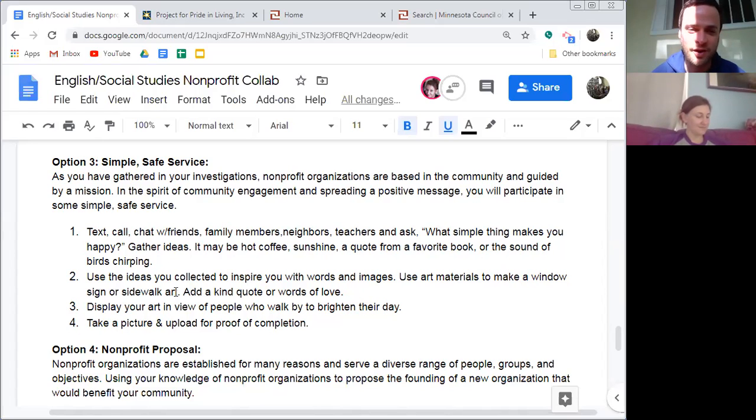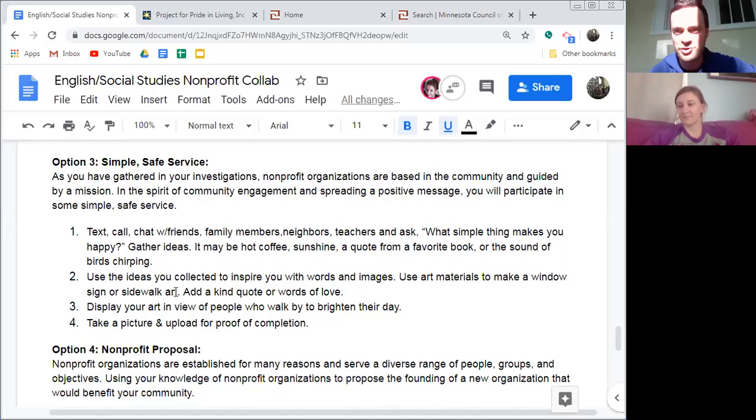Once you gather that, I want you to put the ideas together in some sort of artistic image. So it could include different quotes, words, things like that. Get creative. I know you all are very creative and artistic people. And I want you to display your art in the neighborhood. You've probably seen if you walked around, a lot of stuff on sidewalks, people with sidewalk chalk or little postings.